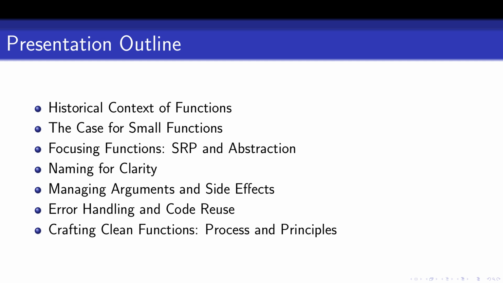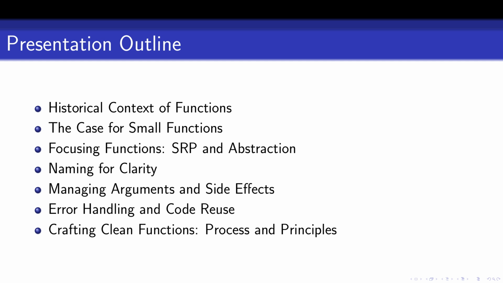Here's the game plan for today's video, straight from our outline slide. We'll kick off with a look at the historical context of functions, how we got here from the wild days of early programming. Then we'll make the case for small functions, showing why less is more. Next, we'll focus on keeping functions sharp with the single responsibility principle and consistent abstraction.